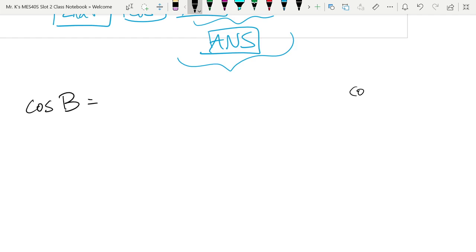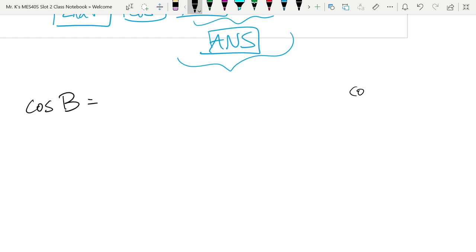All right, let's plug in the numbers. Cosine of angle B. Okay, what's side A again? Side A is 18. What's side C? Side C is 30. What's side B? 22. All over 2 times 18 times 30. All right. Punch buttons like trained monkeys.